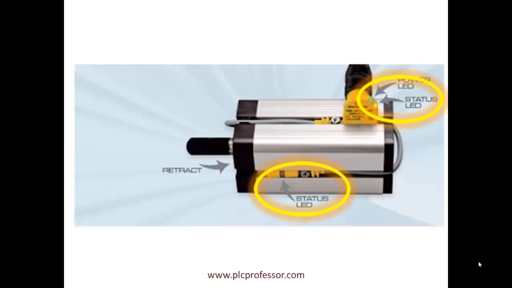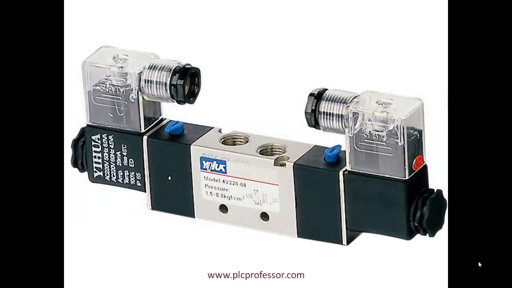How do we control the compressed air to apply it to one end of the cylinder and then the other to get the back and forth extend retract motion that we need for our machine? We use a pneumatic valve, the position of which is controlled by two solenoids. On each end of that valve body you see a solenoid and you see electrical elbow connectors.